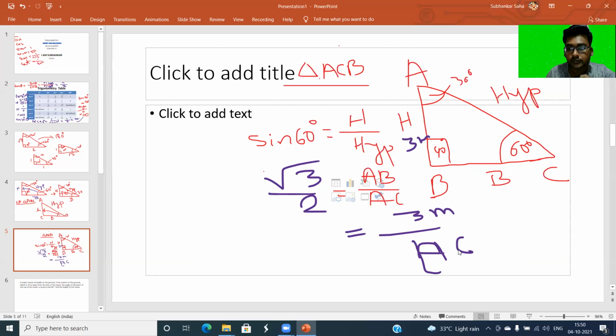Okay, how to find AC? Root 3 by 2 is equal to AB by AC.